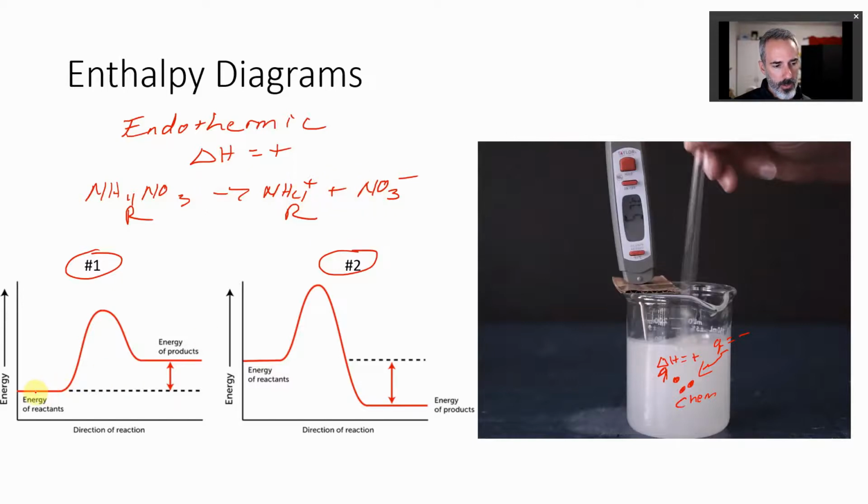So I think one looks better. Here's your ammonium nitrate, and your products are going to be higher in energy because they're gaining that energy. Okay, so that's a better reaction coordinate diagram. And this would be the delta H between the reactants and the products, and it would be positive. Actually, we had it on the other page. I think it was about 25 kilojoules per mole. Obviously, we're going to get to measuring that with calorimetry pretty darn soon.